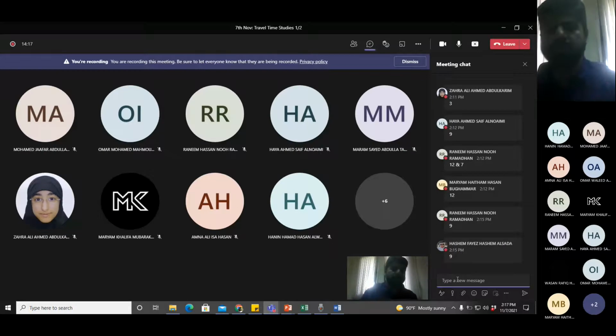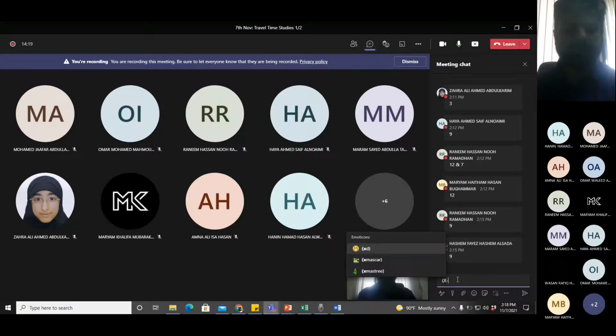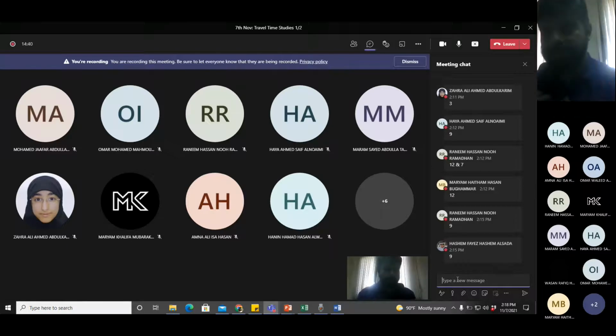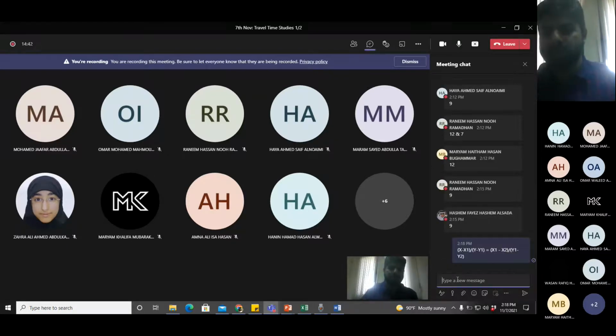The basic equation for interpolation is (x minus x1) divided by (y minus y1) equals (x1 minus x2) divided by (y1 minus y2). Now what is x? The chi-square values, and the y's are the probabilities.